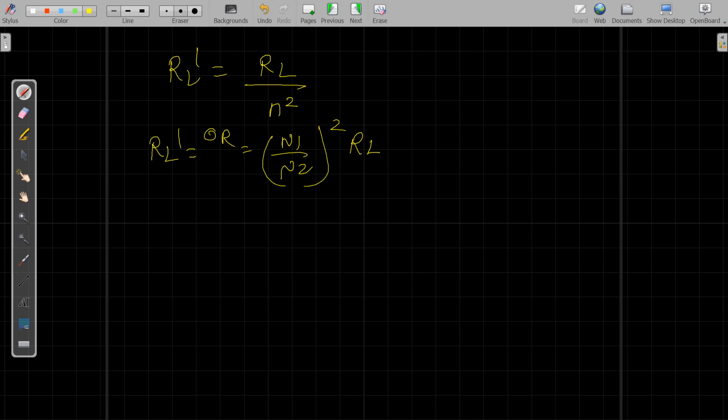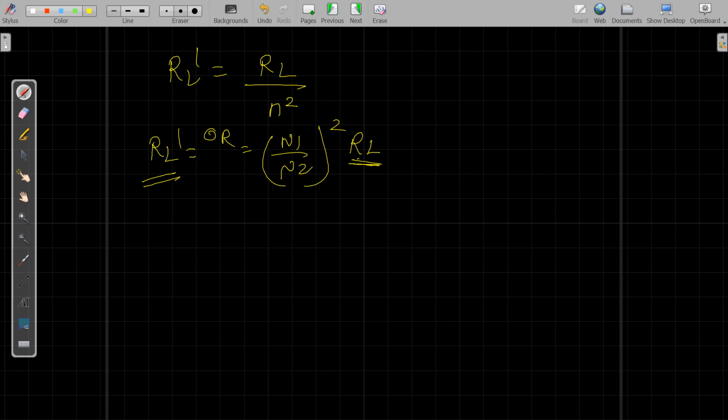That means the reflected impedance is related to the square of the turns ratio of the transformer, and we know that because of the step down transformer, RL dash is always higher than RL. So this is the basic information we needed to study the transformer coupled class A power amplifier.